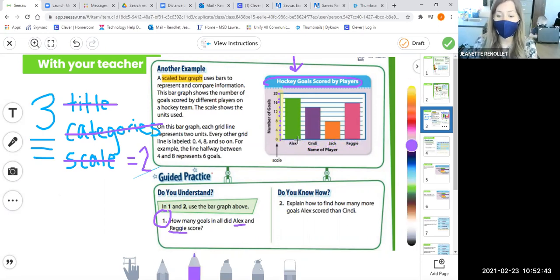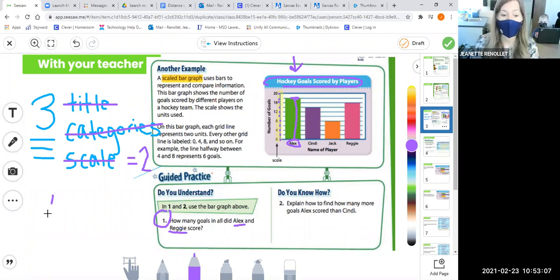I notice Alex is green right here, and his bar goes all the way up to right here. If you look carefully, he is above 16. He's below 18. He's below 20, I'm sorry. He is at the 18 mark.